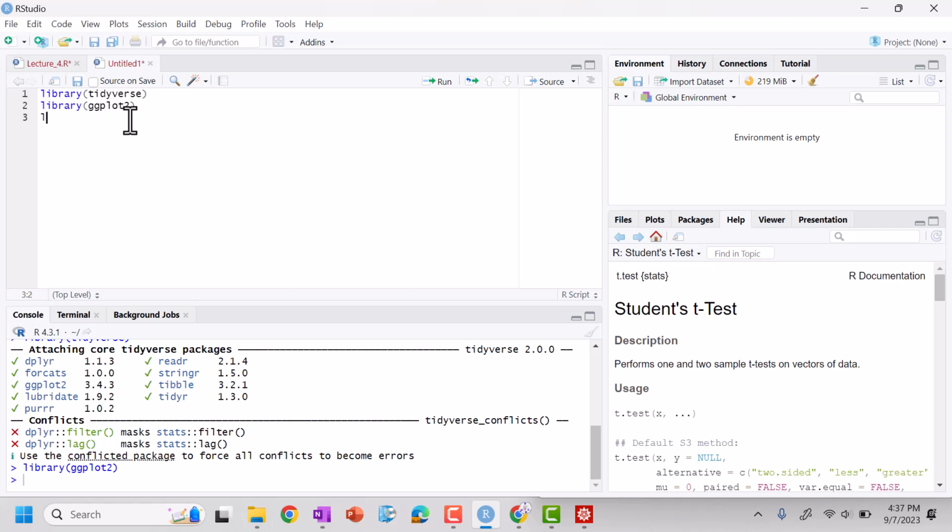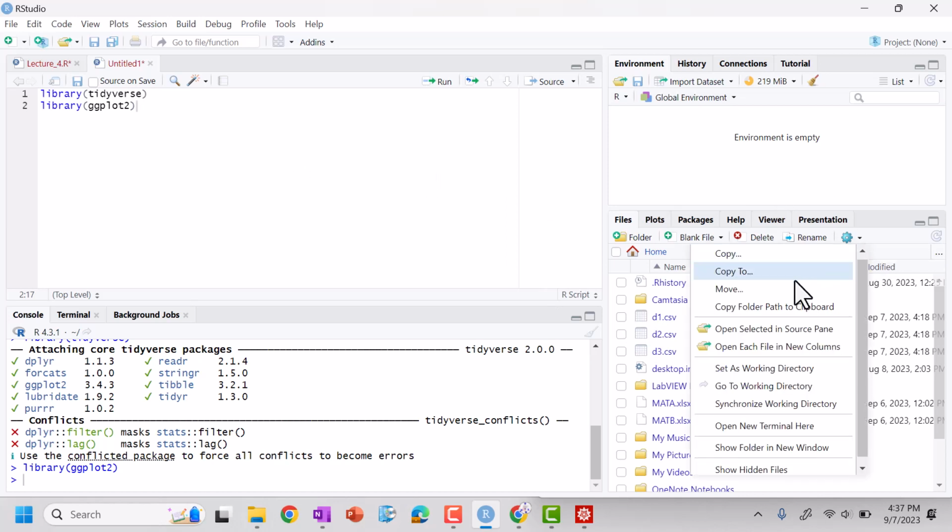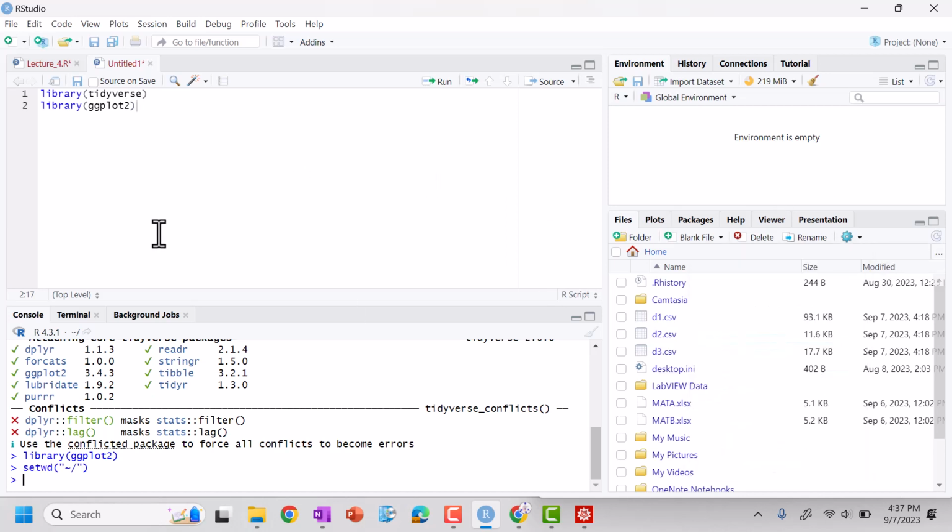So let's set our working directory. And then let's do read.csv. Let's look at D1 first, d1.csv.